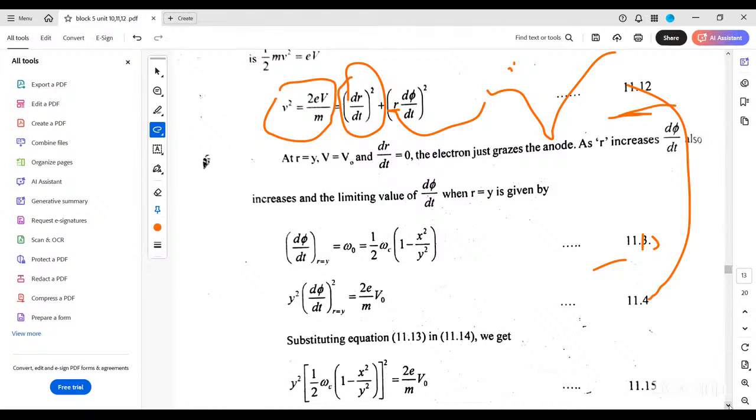That is substituted in 14. RHS as it is. The square comes to the LHS. So we got 11.15.